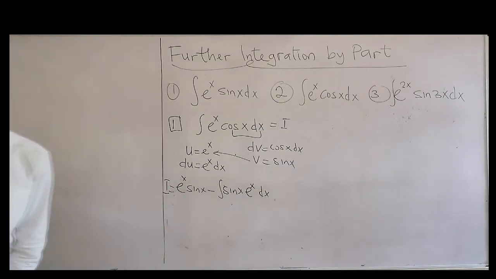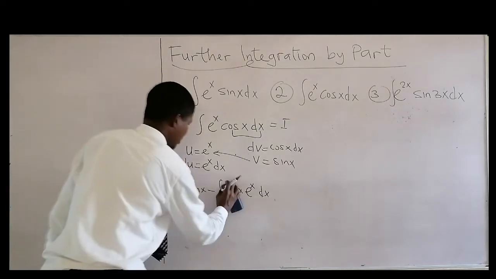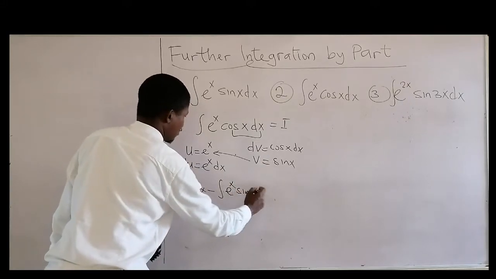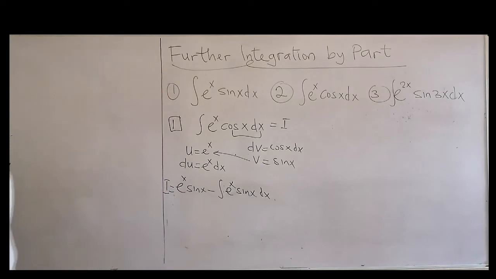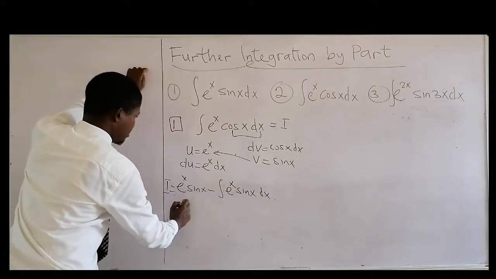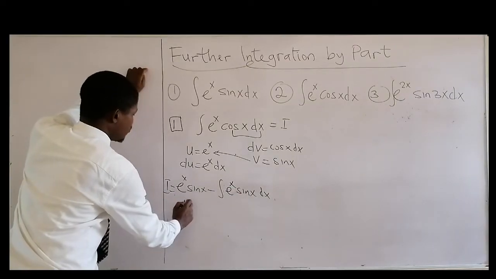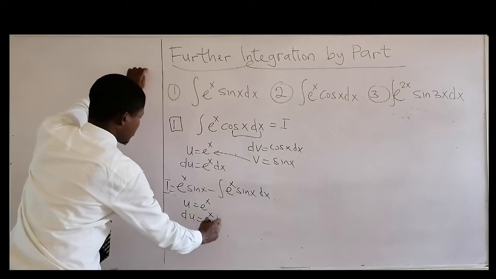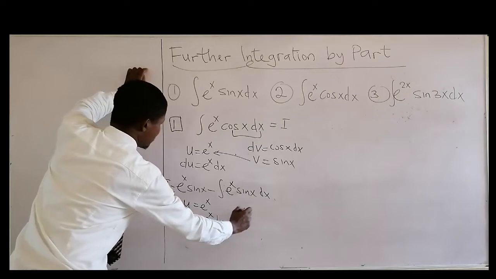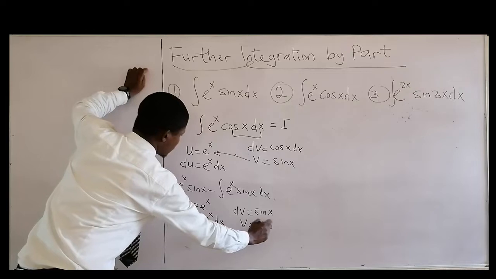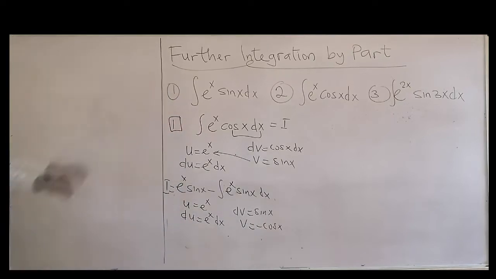You can arrange that if you want, so that will be equal to the integral of e^x sin x dx, for the v du. Okay, then the next thing to do now is for us to do this also again. This will be u is e to the power x, du is equal to what? e^x dx. Then the dv is sin x. So integrate both sides. V is equal to what? Minus cos x. Okay.